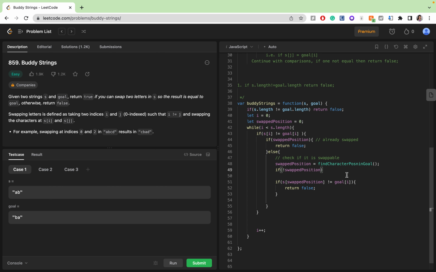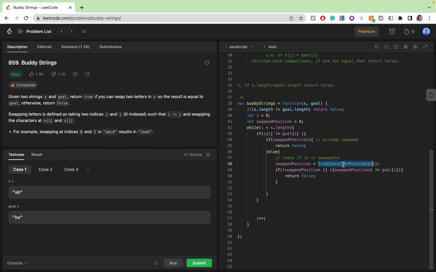If there is no swapped position, or if there is a swapped position but then return false. So these are the two conditions where I should return false, right?